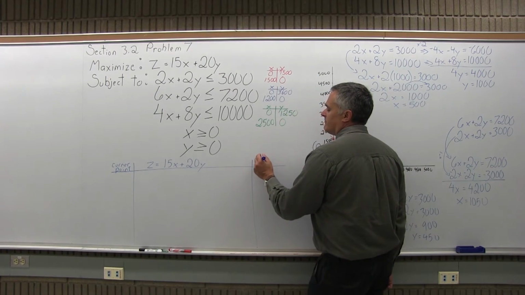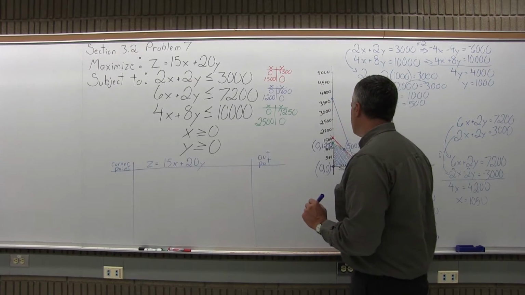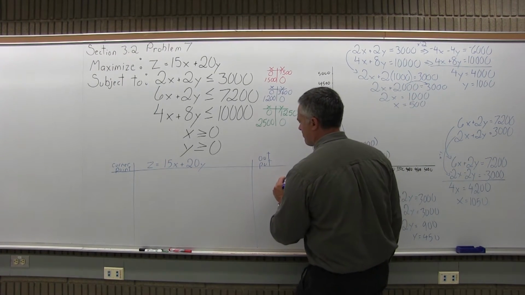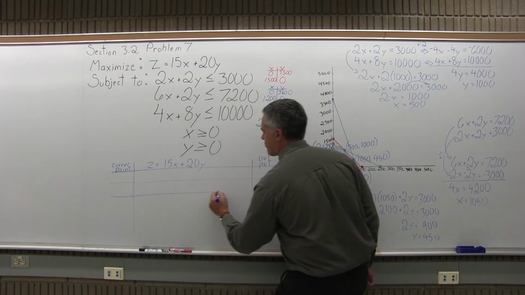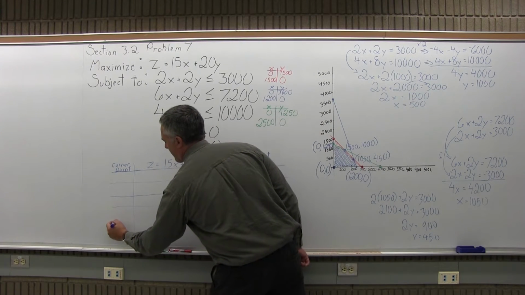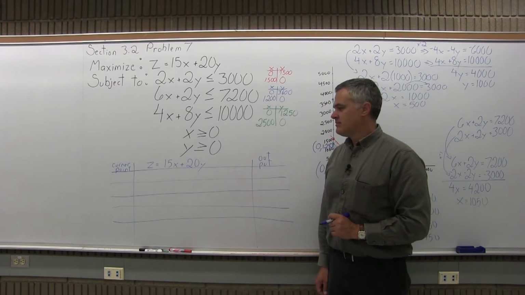And the last column is output. So now I have 1, 2, 3, 4, 5 corner points. I'll make 5 rows for my chart.